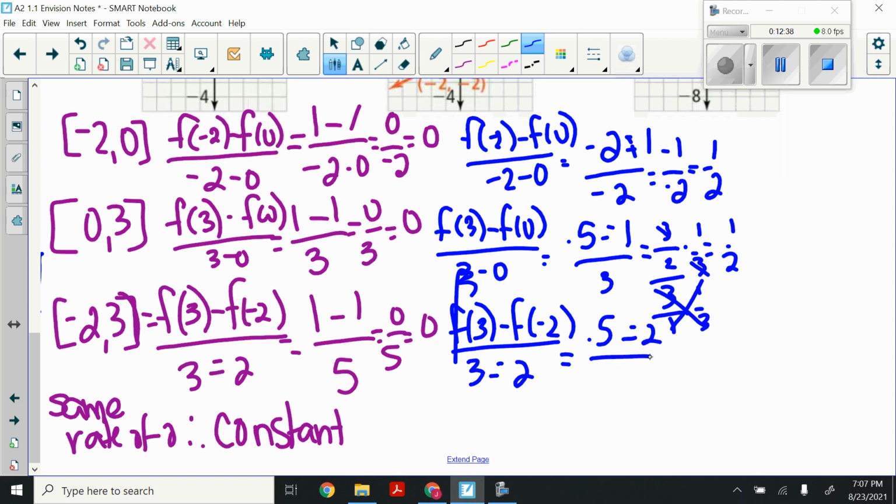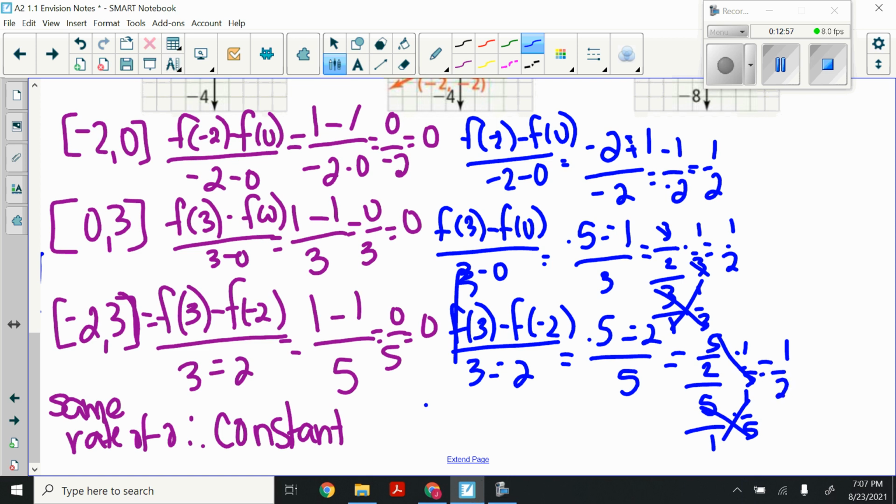Over 3 minus -2 turns to +5. So on top, 1/2 plus 2 turns to 2.5, or 5/2, over 5. Again, flip and multiply. My 5's cancel, and I have 1/2.